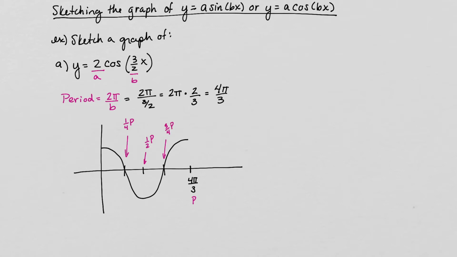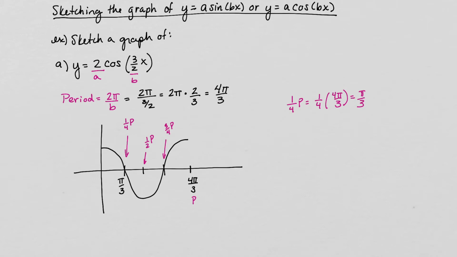3/4 P. So if I come over here onto the side and I calculate 1/4 P, it's going to be 1/4 times 4 pi over 3, or pi over 3. So this first label is pi over 3.